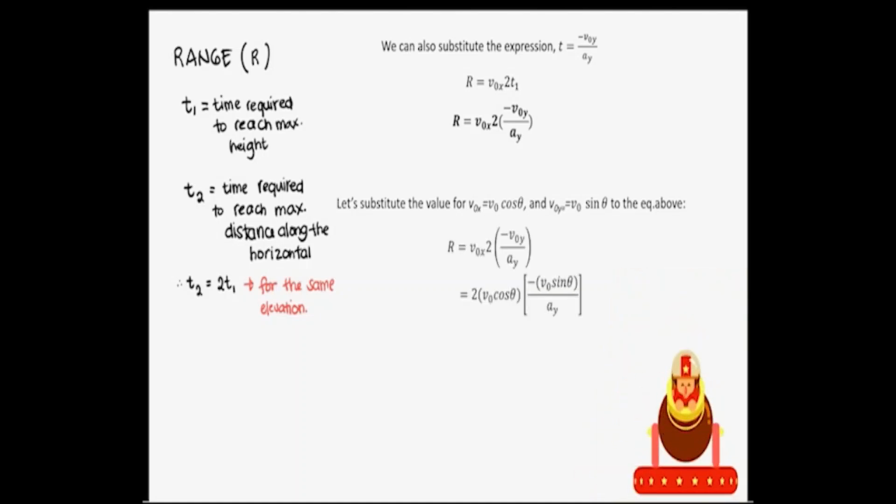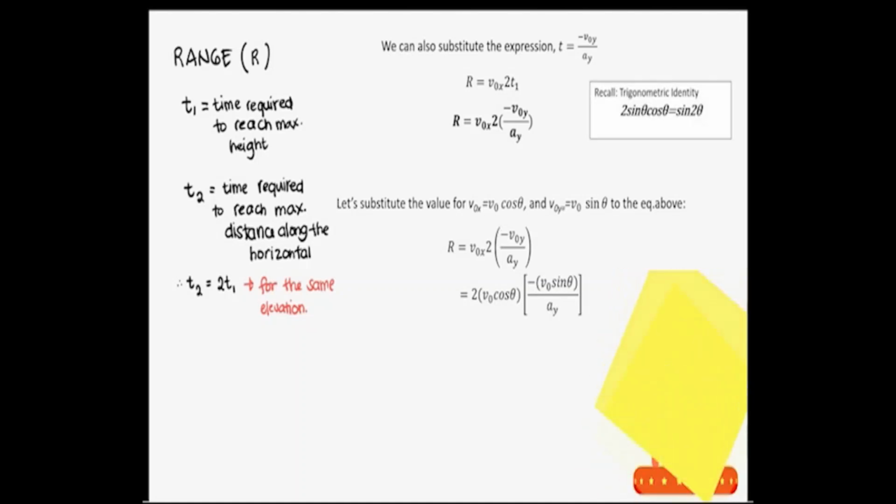So if we're going to substitute the expression for v sub 0x and v sub 0y, we have 2 times v sub 0 cos theta times negative v sub 0 sine theta all over a sub y. Simplifying this one, remember that trigonometric identity: 2 sine theta cos theta is also equal to sine 2 theta.